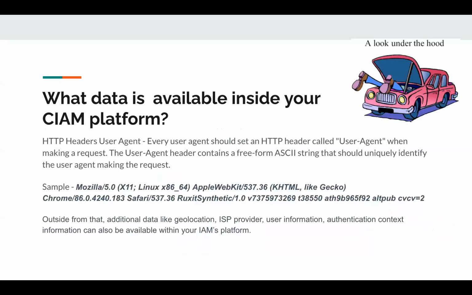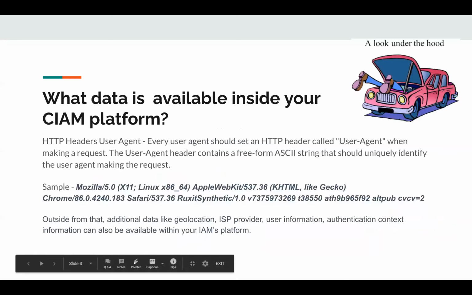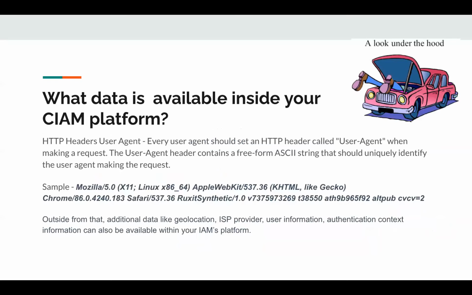So after discussing what CIAM is all about, the next step is what's under the hood of your CIAM. So under the hood, for any CIAM platform, there's a lot of information, but the base principle the CIAM platform is able to harness is the technology called HTTP headers user agent.